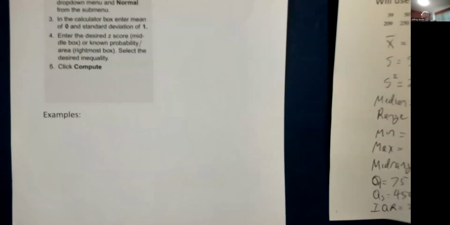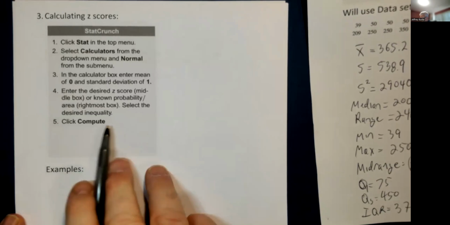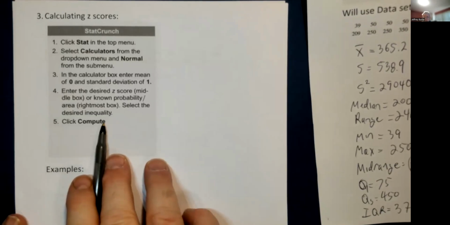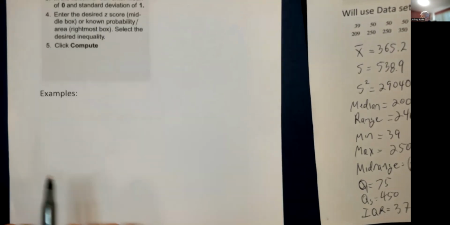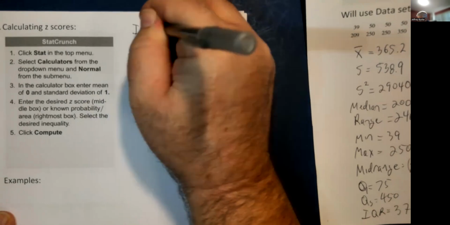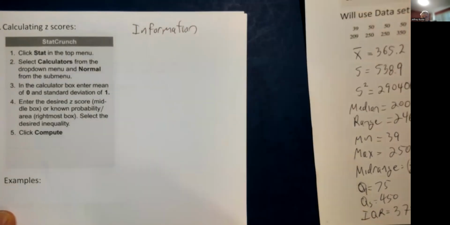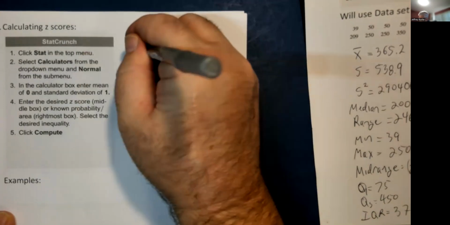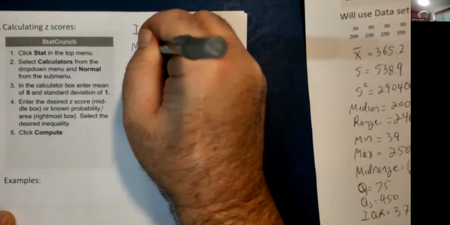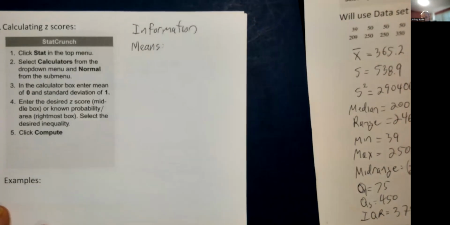And we're going to see how we calculate z-scores next here. We're not going to use the direction for this yet. This will be something we're going to use for later. Just remember, when it comes to z-scores, here's some important information. When we're talking about means, there are two types of means that we're going to refer to.